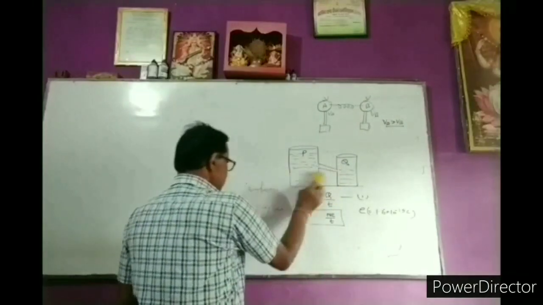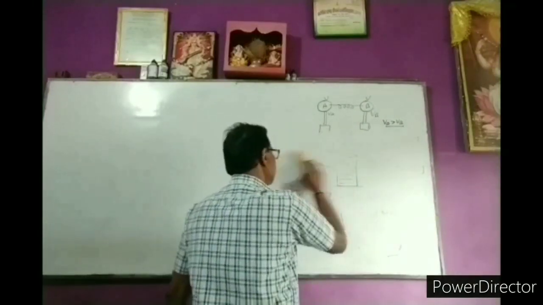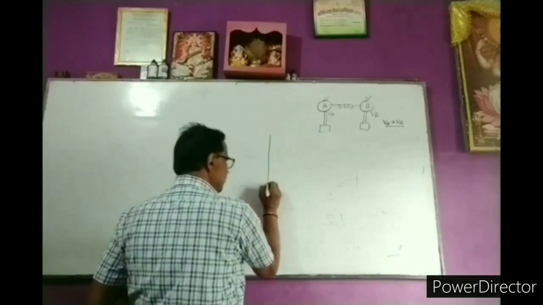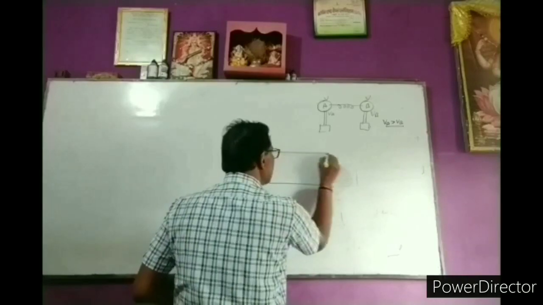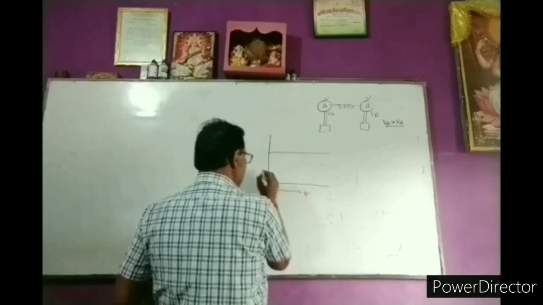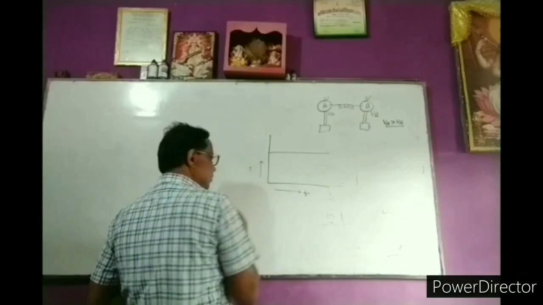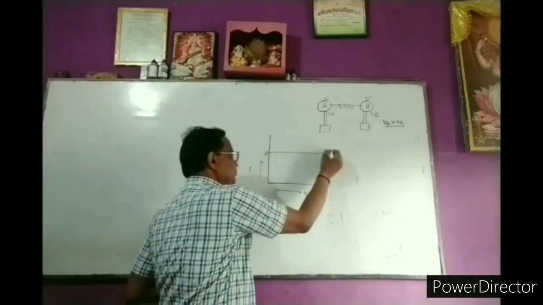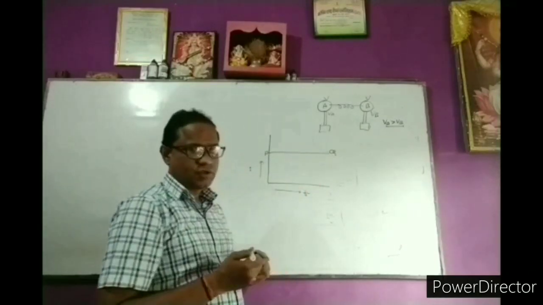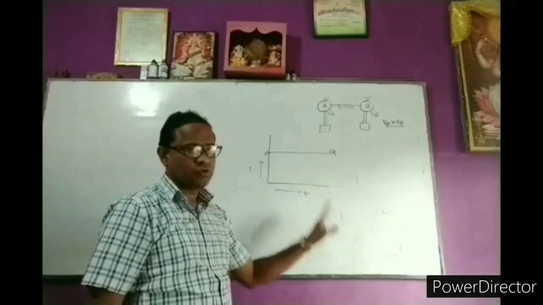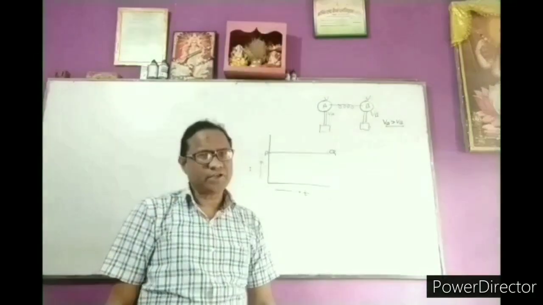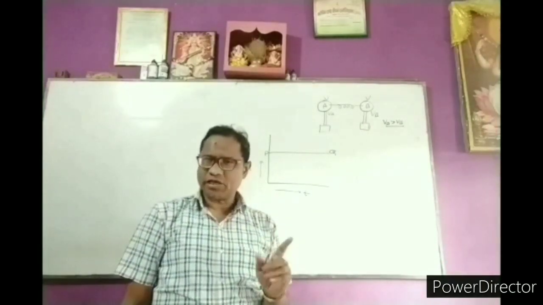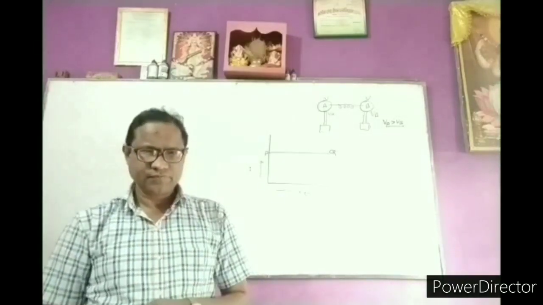It is represented by this graph. Magnitude of this current does not change with time and also direction. The straight line PQ parallel to time axis represents the steady current.